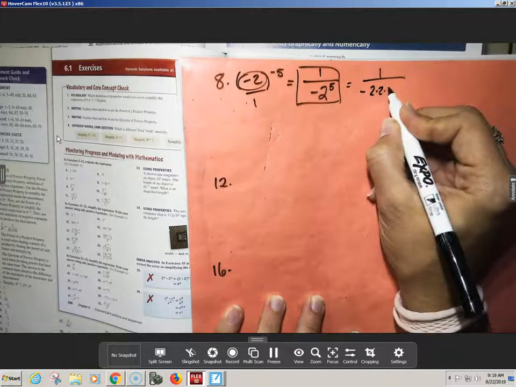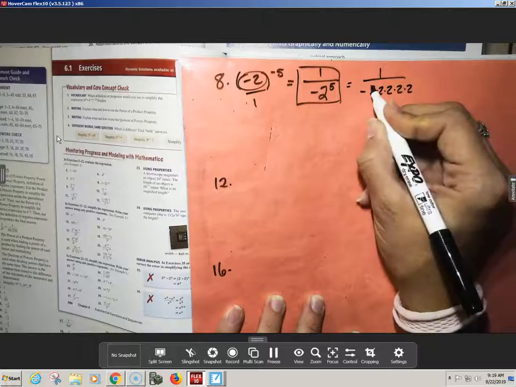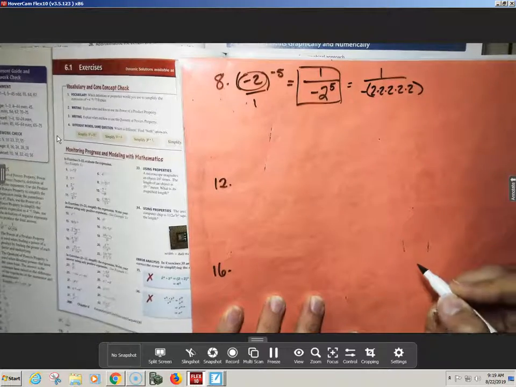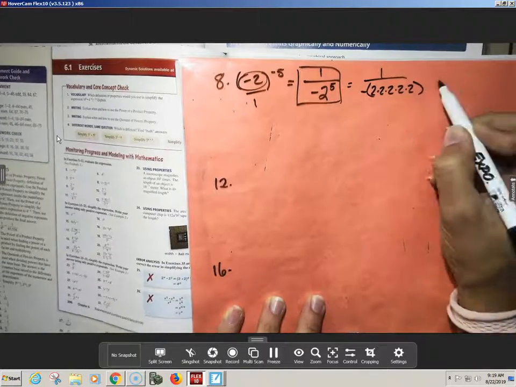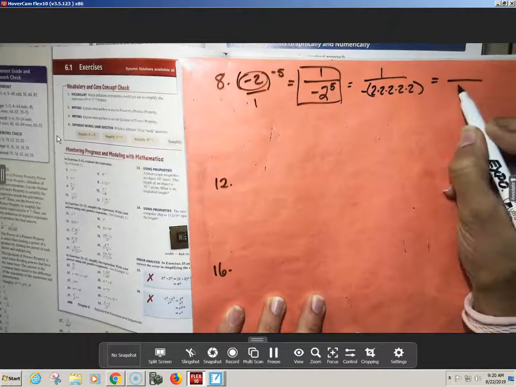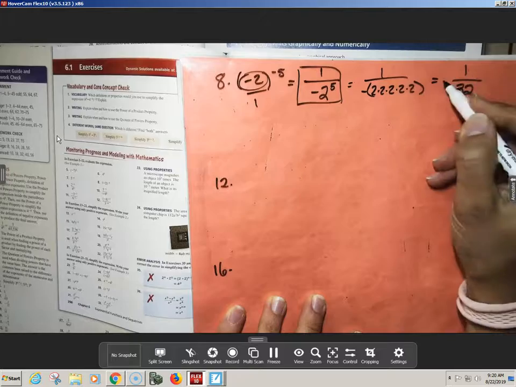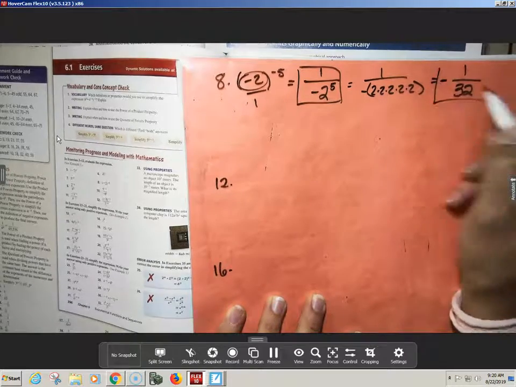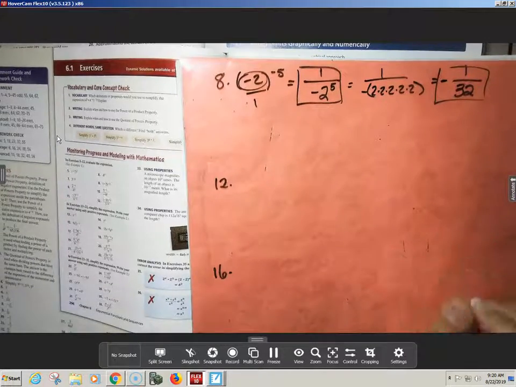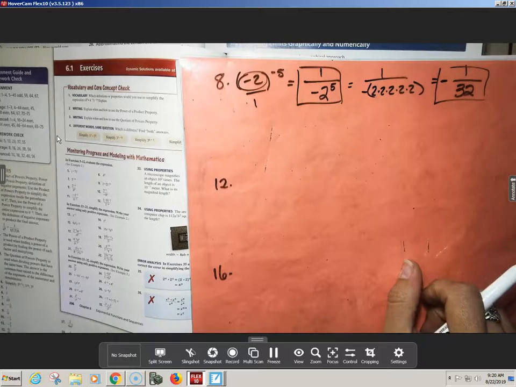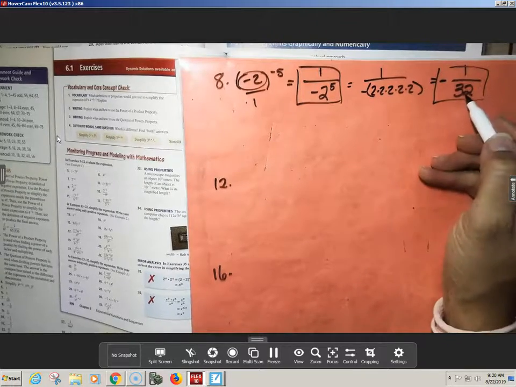But 2 times 2 times 2 times 2 times 2. It was actually like that. And if you threw that in your calculator, that ends up being -32. And -32 means the whole number is one big ol' negative. So we need to get that to be able to match it with the back of the book.